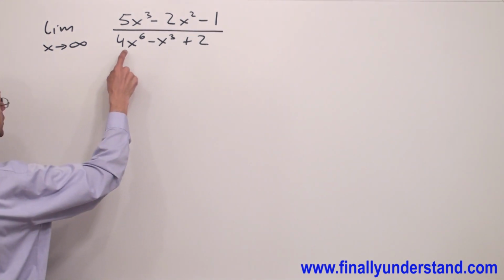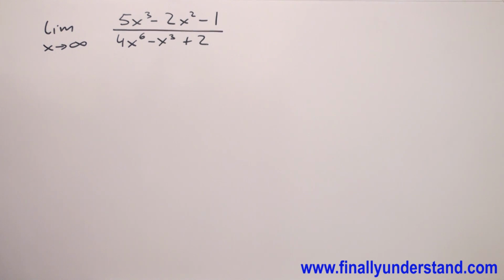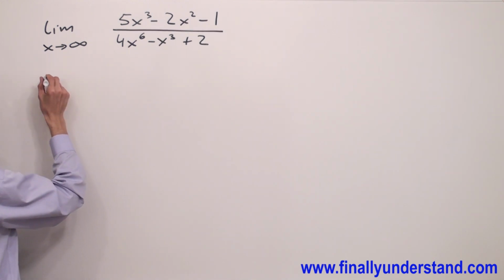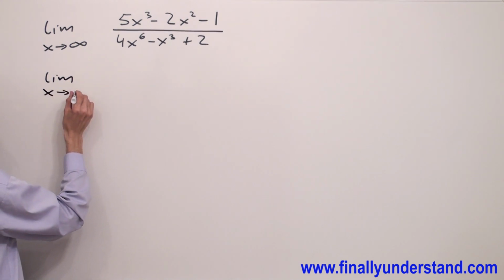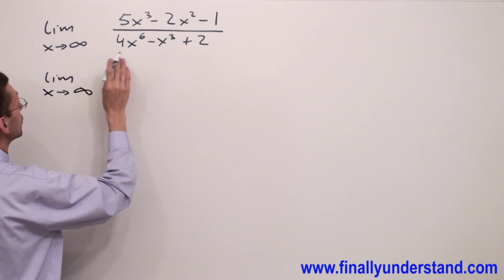My variable is x to the 6. You have to divide the numerator and denominator by that variable. What is it supposed to look like? I have limit x is going to infinity, and simply divide every single term from the numerator by x to the 6.